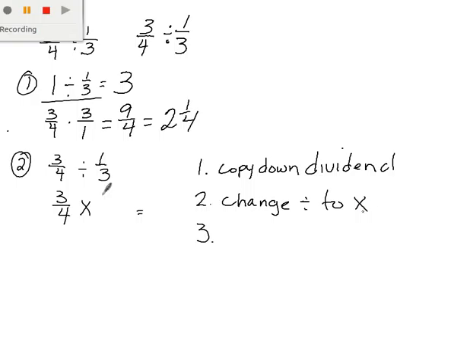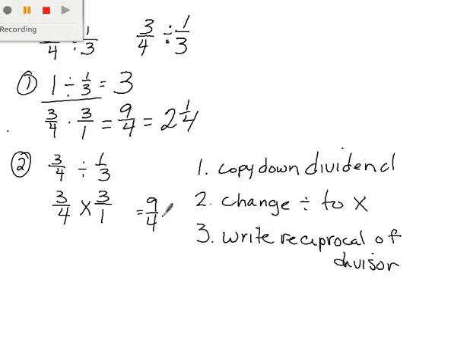And the third step is to write the reciprocal, or the multiplicative inverse of the divisor. So you would say 3 times 3 is 9, 4 times 1 is 4, and the answer is 2 1/4.